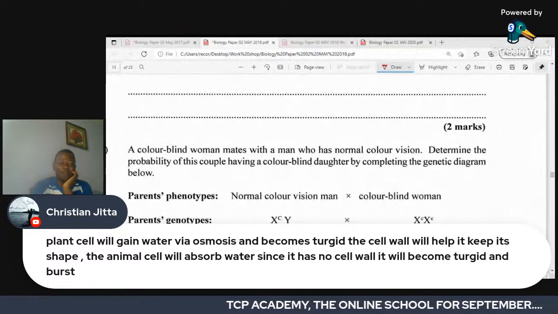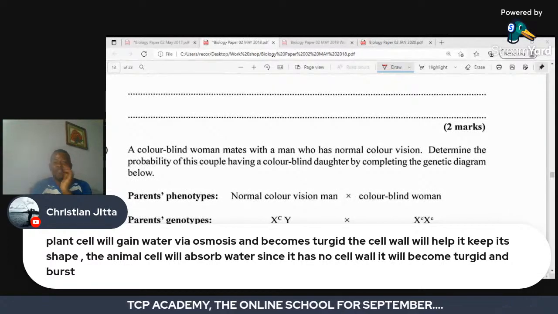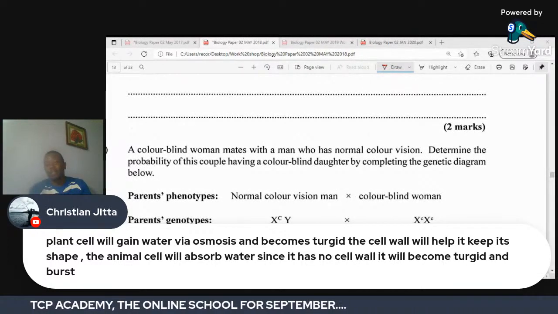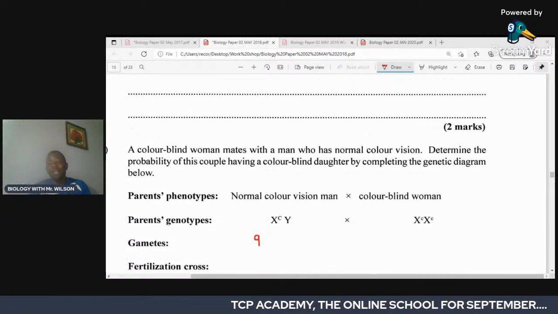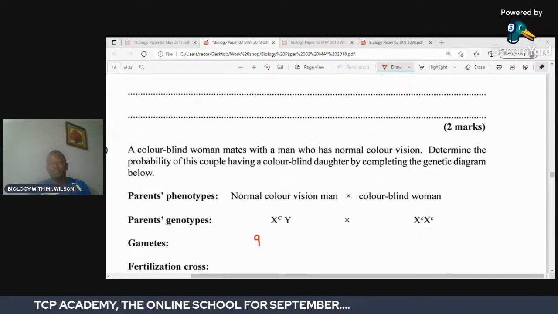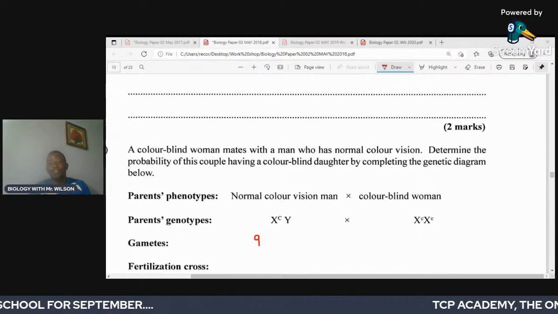Write the gamete for the male and write the gamete for the female. Those persons who are a little behind, we are going to help you. No need to worry. We're going to slow it down a little bit.